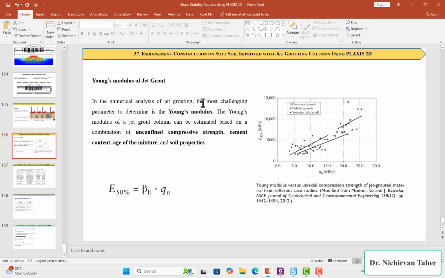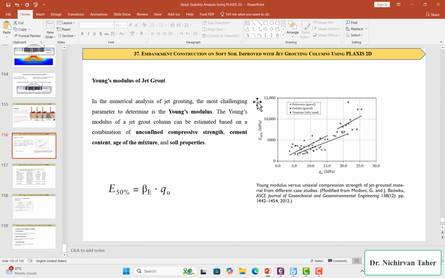In numerical analysis, the most challenging parameter to determine is the Young's modulus of jet grout. This parameter is dependent on the unconfined compressive strength of the jet grout material, and also the cement content, how much cement is added to this slurry, also the age of the mixture, and it also highly depends on the soil properties.